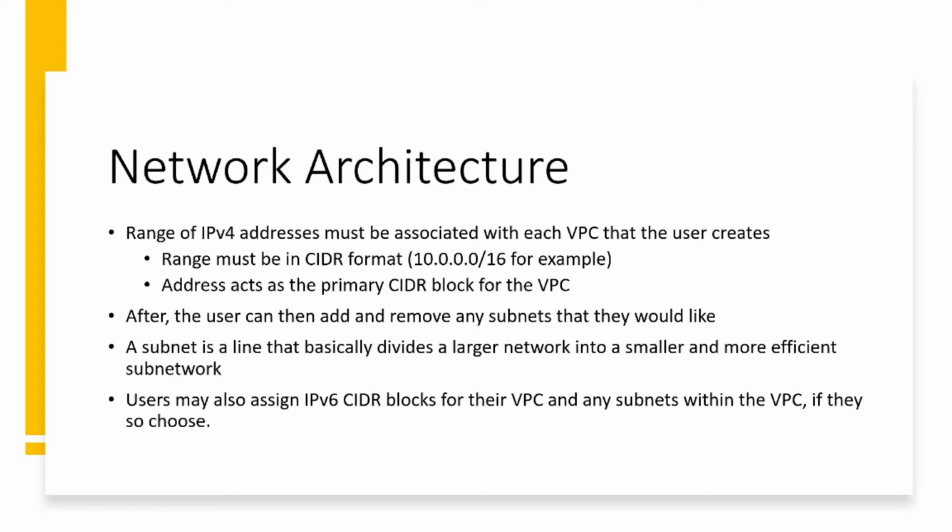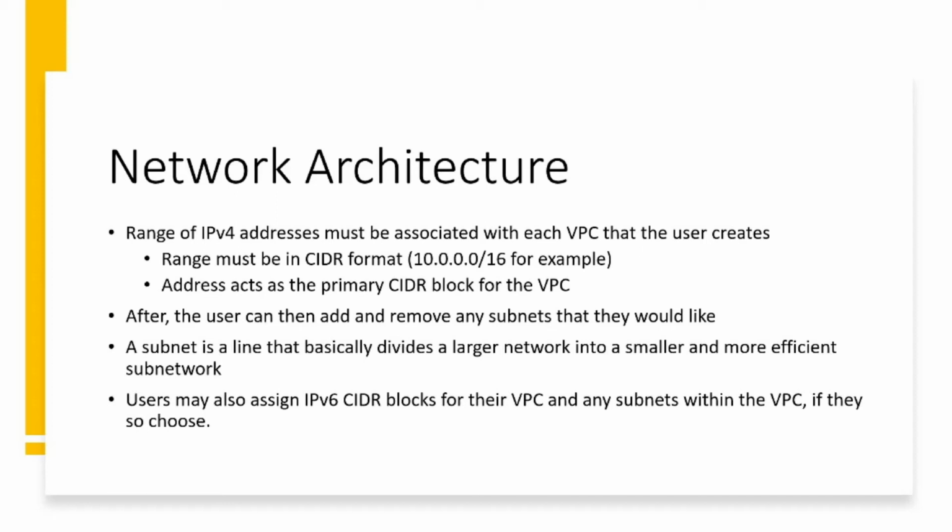What CIDR stands for is classless inter-domain routing. It's essentially a method for allocating IP addresses and the routing for the IPs. After they associate the range of IPv4 addresses, the user can then add and remove any subnets they would like.